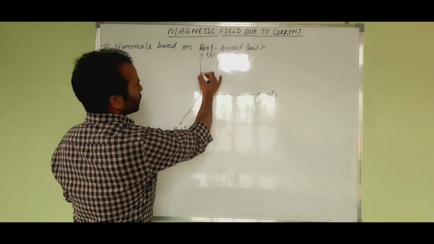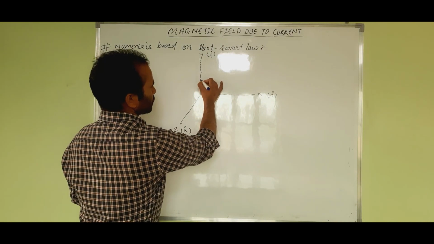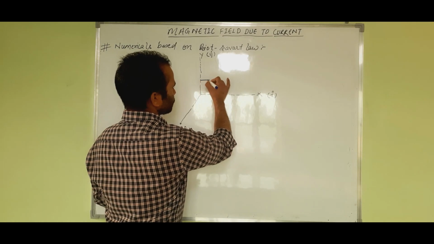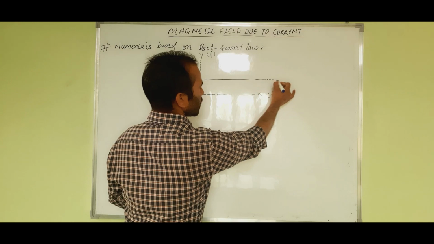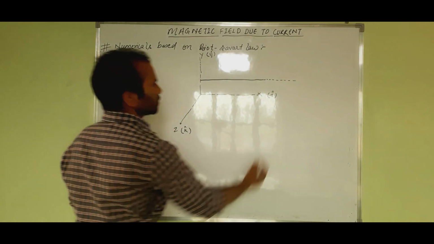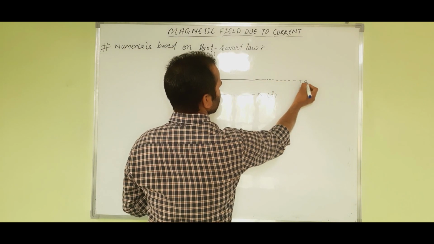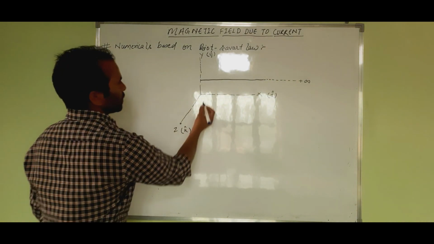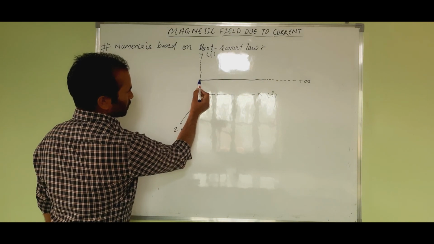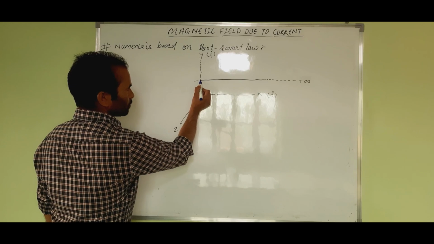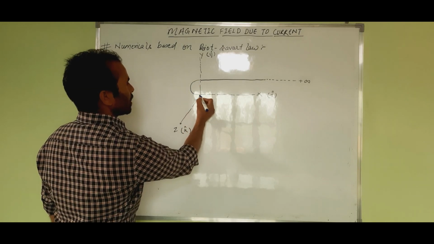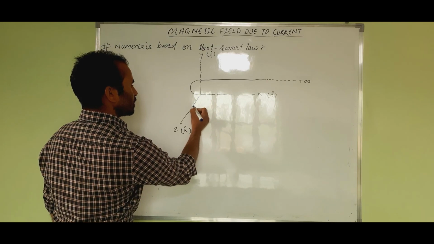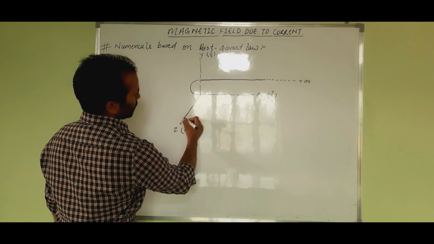A conductor is taken here, which is of infinite length at one end, and bent in a circular form at this end, and taken like this at this end.